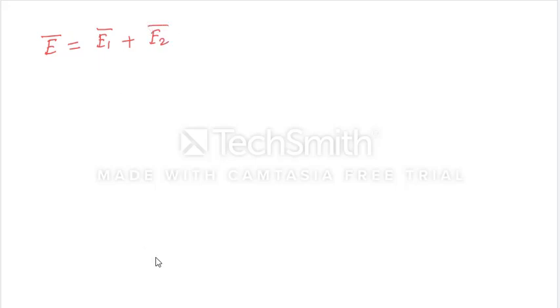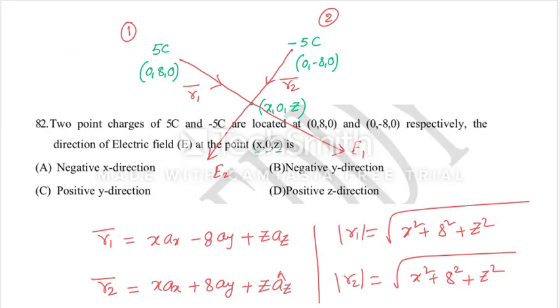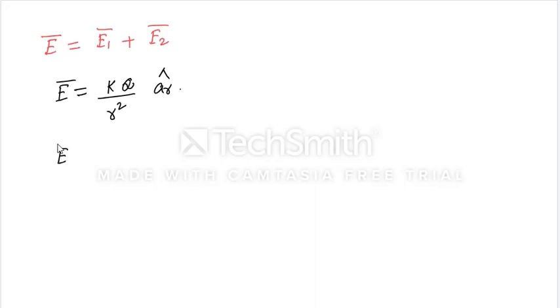In general, the electric field E is KQ by R square into the unit vector aR, and similarly for the second. R1 square and R2 square are the same value, so I can write this as K into Q by R cube into R bar, since aR is R bar by R.